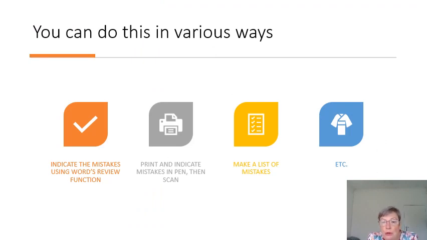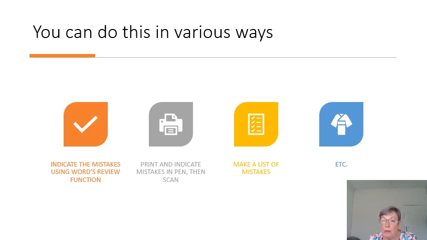You can do the indication of the mistakes in various ways. You can indicate the mistakes using Word's review function. So if you have this document open, at the top of your ribbon in Word, there will be a function called Review. And if you then, on Review, click on Track Changes, you can then indicate where you make changes to the document.